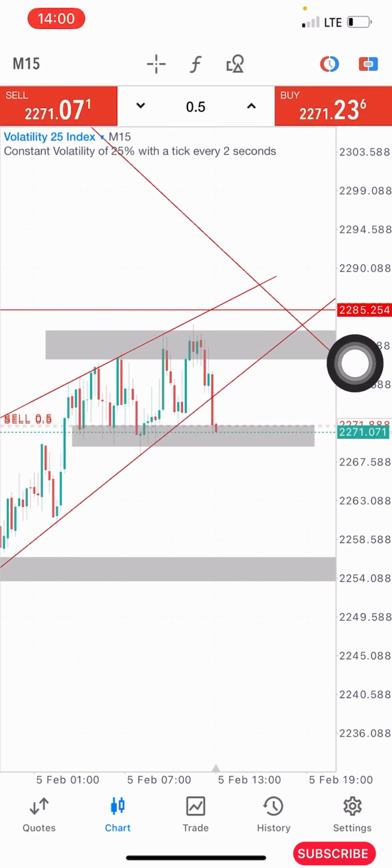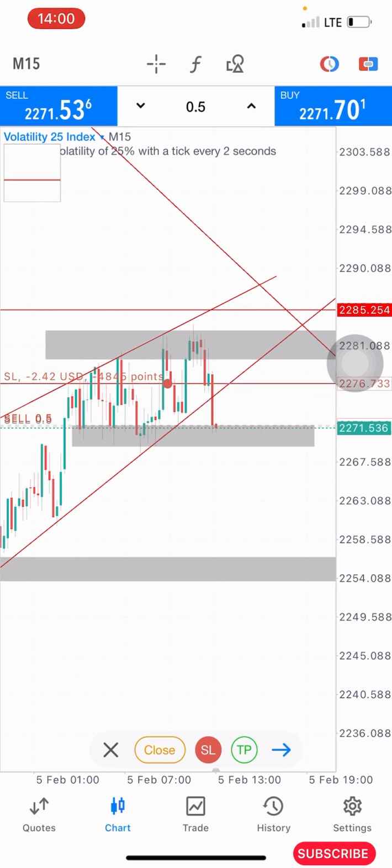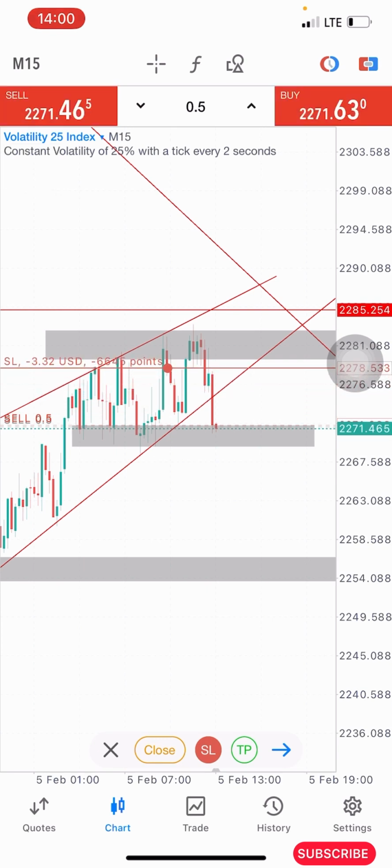So for now, I'll be holding 2 positions, and my stop loss is going to be around this area here, which is about $3.32. The TP, like I said, is going to be around this area here, which is about $7.